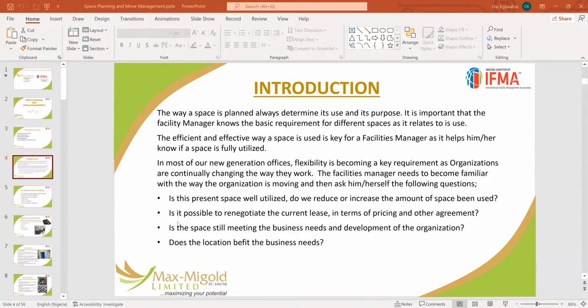In standard offices or standard organizations that are well set up, the lease agreement normally will be managed under the facility management department, so that they understand exactly what is going on and what the lease is all about, the clauses in the lease agreements, and see if there's a window for renegotiation of a lease, or the lease is just fixed and it cannot be renegotiated.